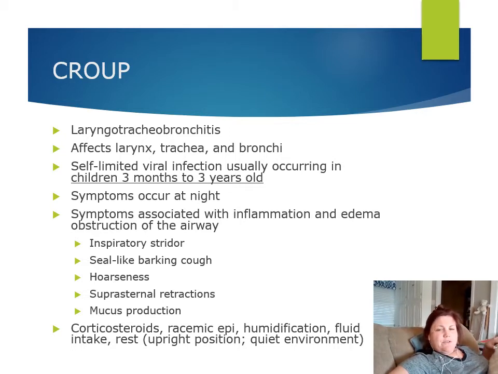They may also exhibit a seal-like barking cough. They can become hoarse. They may have retractions, usually suprasternal in nature, and they may have a lot of mucus production. These symptoms obviously make sense based on what we know is happening, which is the airway becoming inflamed and swollen and causing obstruction.